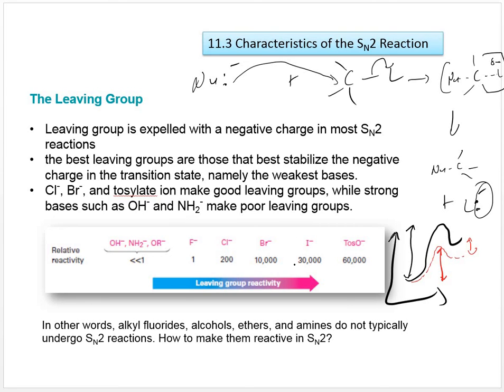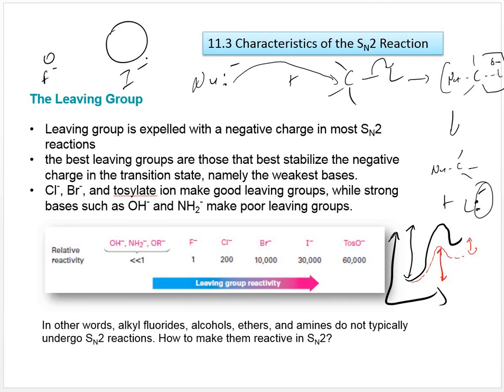Again, iodide is the weakest base. If you compare, fluoride is the strongest base. Why? Because iodide is the largest in terms of size. What happens when your size is bigger? Let me compare fluoride minus and iodide minus.